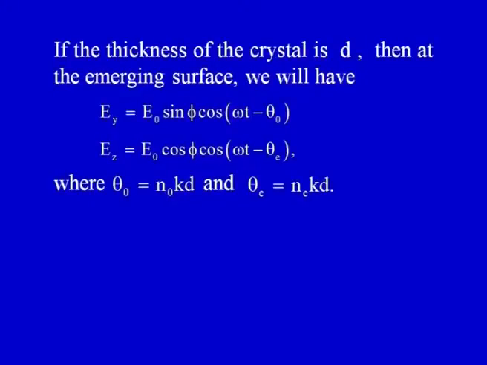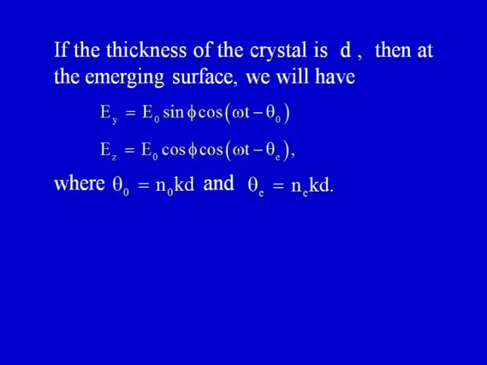If the thickness of the crystal is d, then after traversing a distance equal to d, at the emerging surface, we will have E y equal to E naught sin phi cos of (omega t minus theta o) and E z equal to E naught cos phi cos of (omega t minus theta e), where theta o is equal to n o k d and theta e is equal to n e k d.